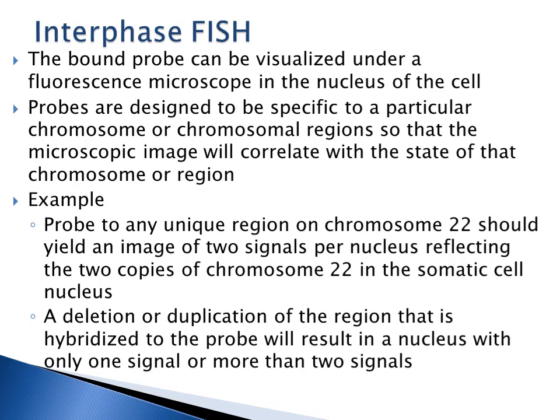So for example, if you were to probe any unique region on chromosome 22, you may yield an image of 2 signals per nucleus, and that's going to reflect the 2 copies of chromosome 22 in a normal somatic cell nucleus. If you had a deletion or a duplication of the region, your probe then is going to give you only 1 signal if there's a deletion, or more than 2 signals if you have a duplication.